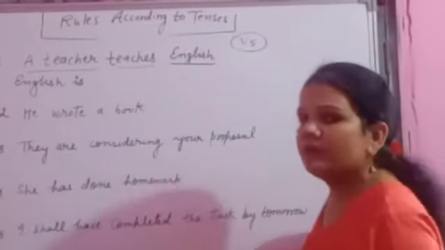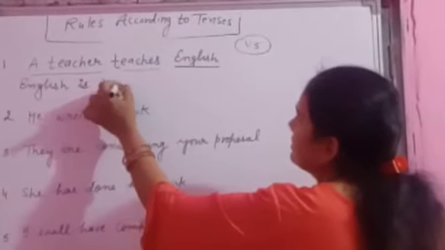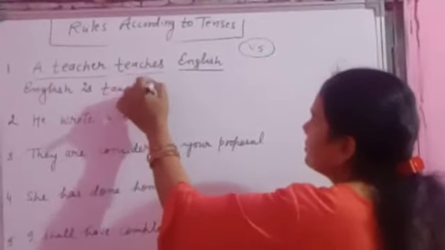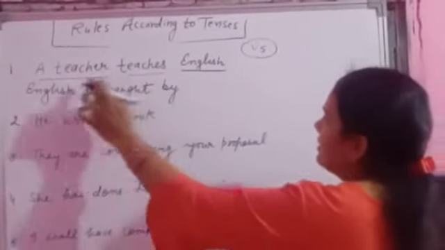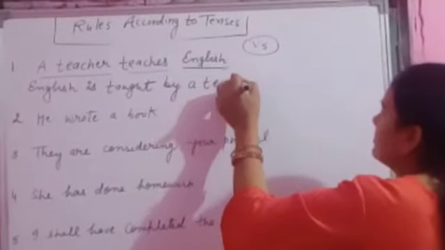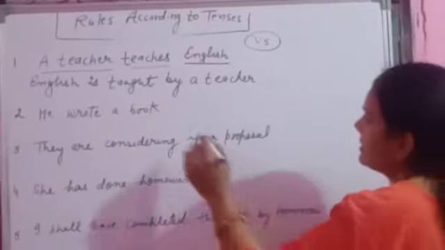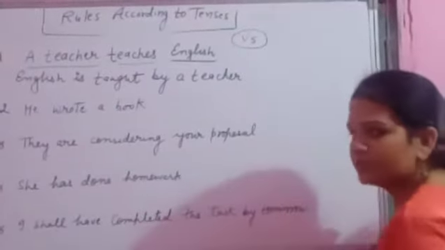And the third form of the verb teach is taught. English is taught, and after that you will use preposition by and object. Clear? The sentence will be: English is taught by a teacher.